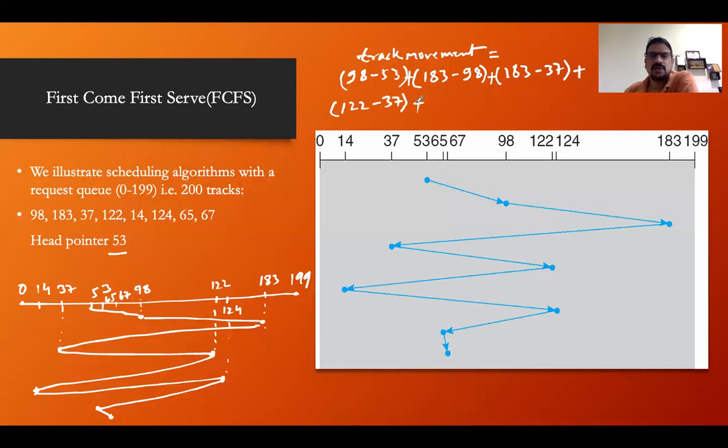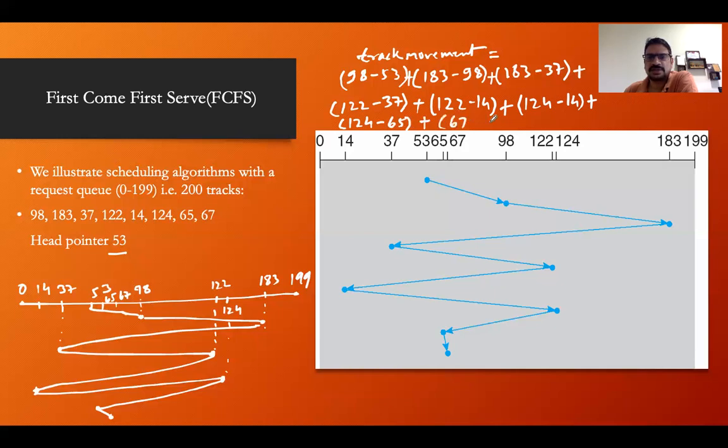From 122, I am going to 14, plus from 14, I am going to 124. Then from 124, I am moving back again to 65, plus from 65, I am going to 67, so 67 minus 65.